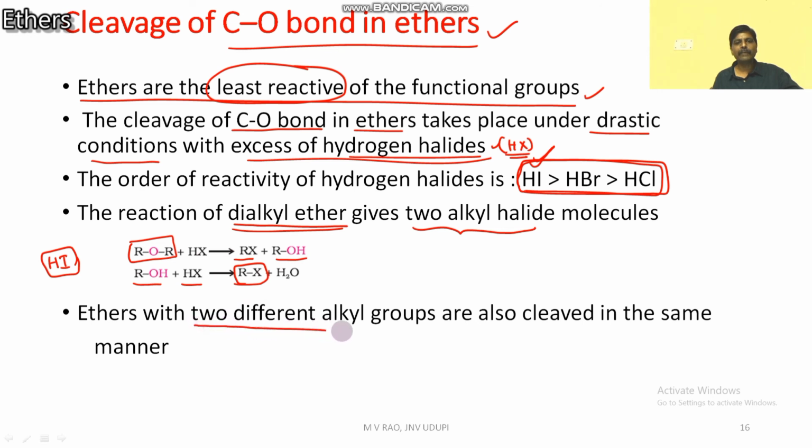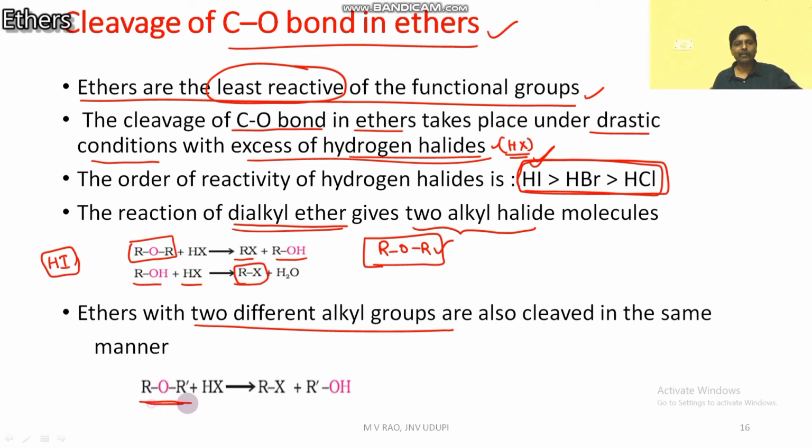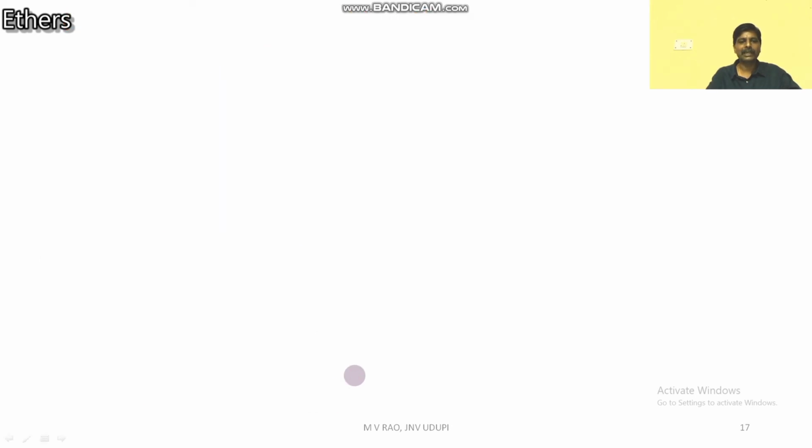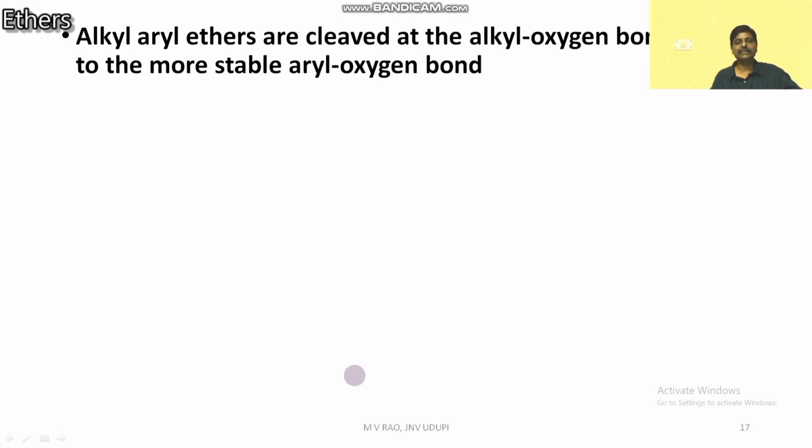Ethers with 2 different alkyl groups: here ROR means both alkyl groups are same, symmetrical ether. You take unsymmetrical ether or mixed ether, ROR', then it is cleaved in the same manner. So you will get RX and R'OH, alkyl halide and alcohol. So it is about cleavage.